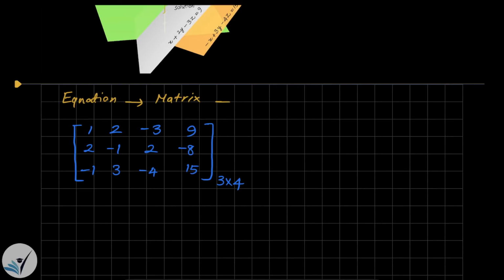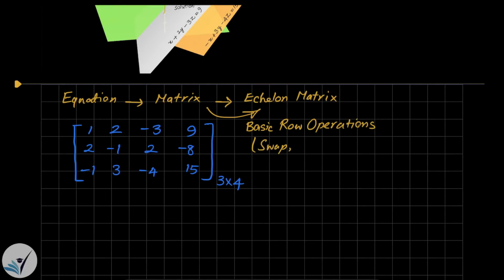The next step is to transform this original matrix form to an echelon matrix form. To do this transformation, we use basic row operations. These operations are swapping, scaling, and pivoting.